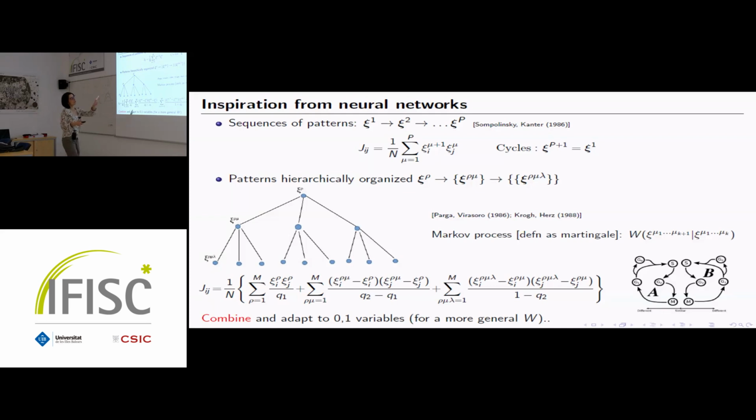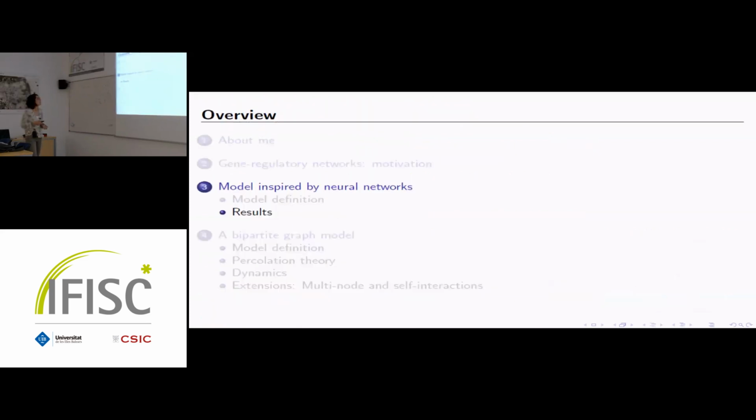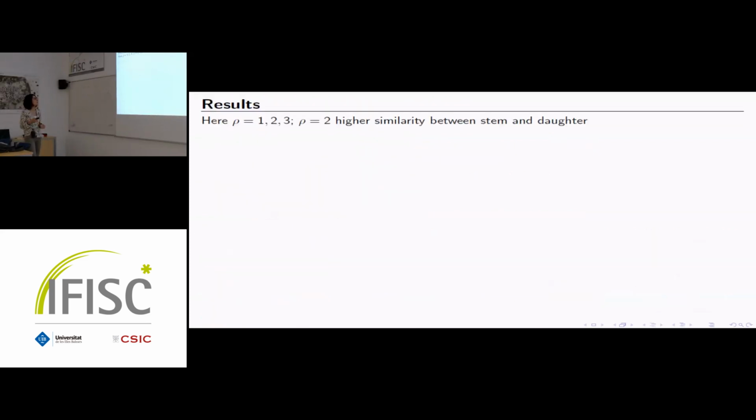And therefore, we considered a Markov process which displayed this phenomenology. There are phases where cells are closer together, and they are also closer to the stem cell. Okay, so this was the model. For simplicity, we just consider a three-stage cell cycle with a single phase of more similarity, which we call phase 2.